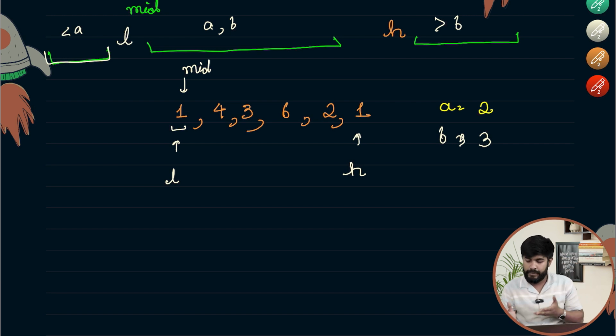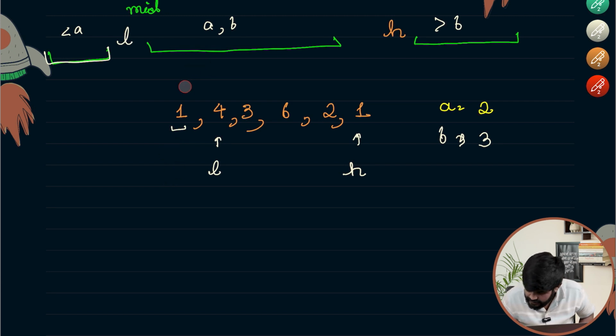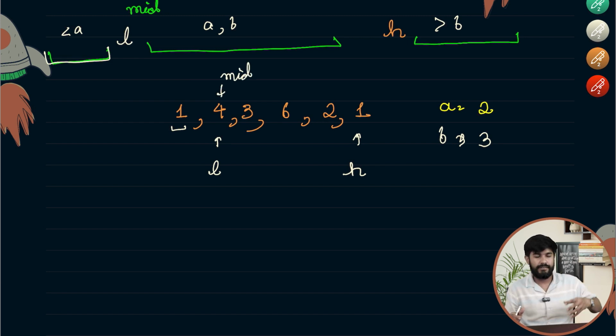The swapping won't make a difference, and then low should move forward, and then mid would also move forward. After successful swapping with low, low should move forward and mid would always move forward.